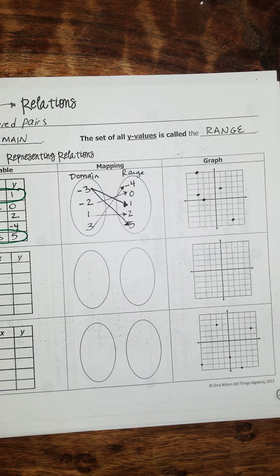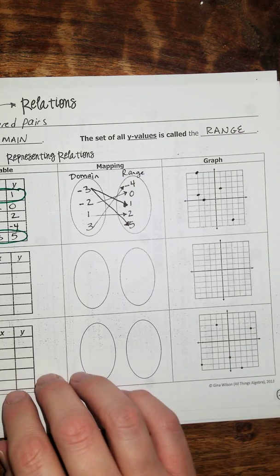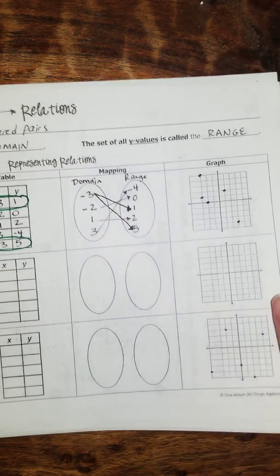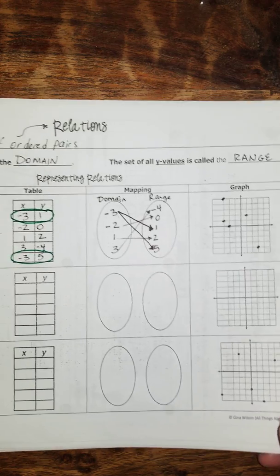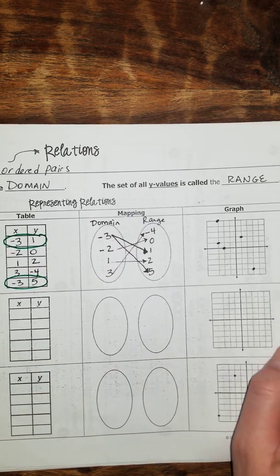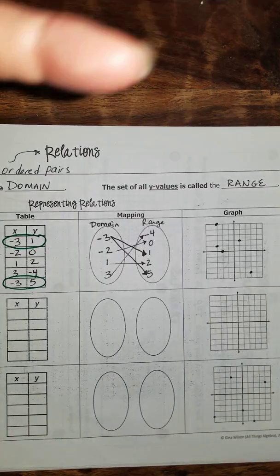All right, so let's talk a little bit about whether or not this is a function or not. And each of these 3 situations will tell us whether it is or not. So if I look here, I can get all 3 of them in the frame.